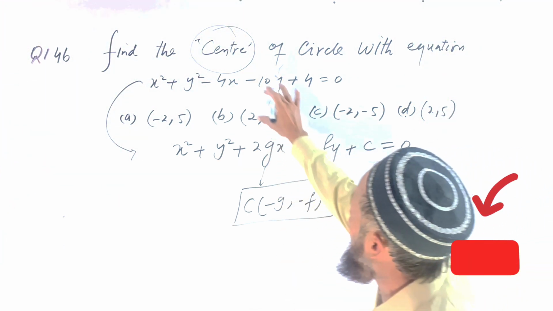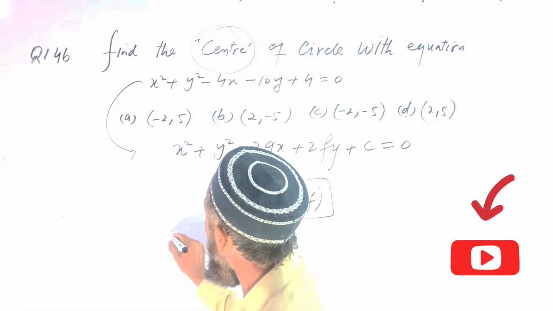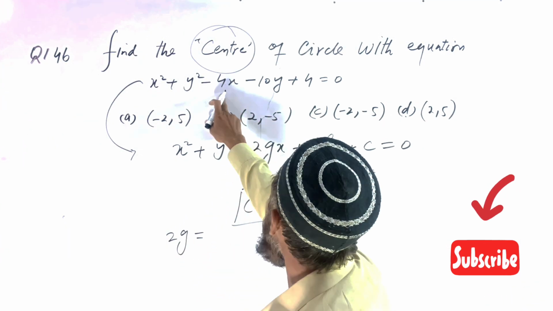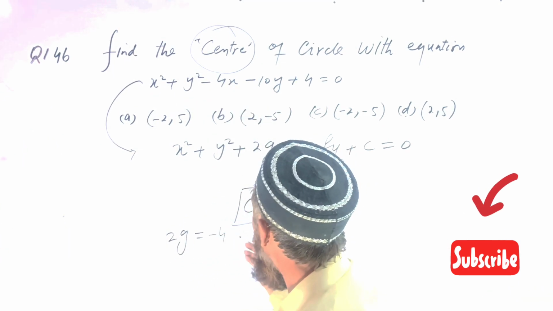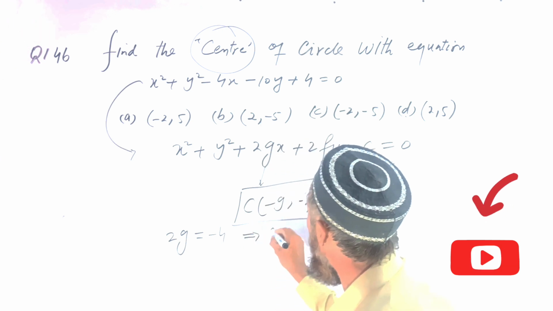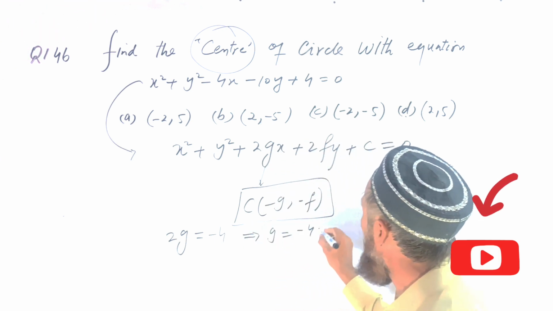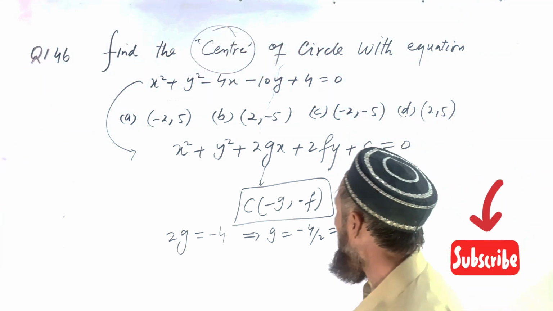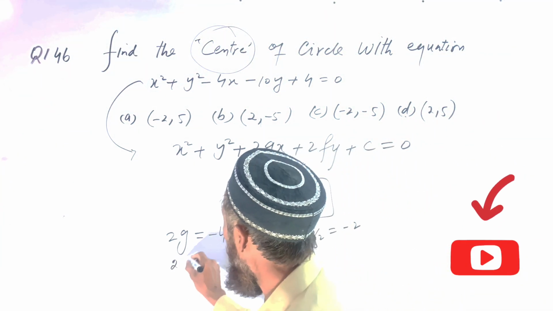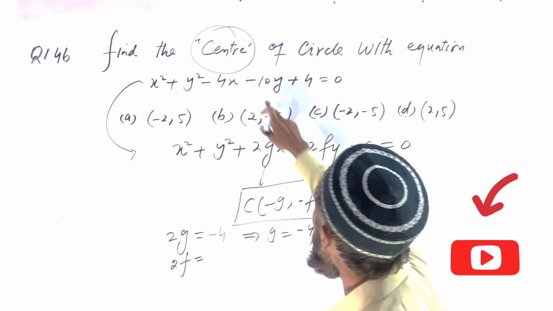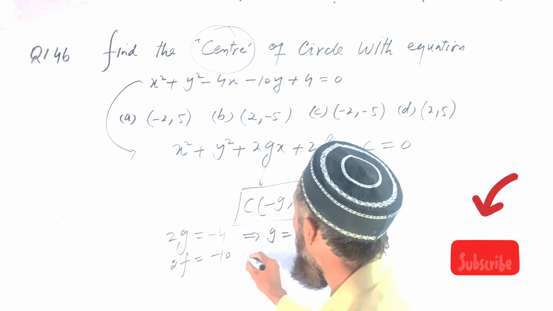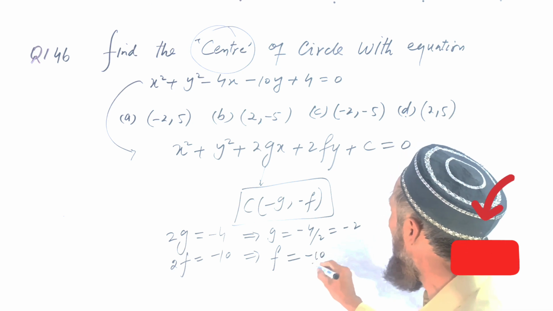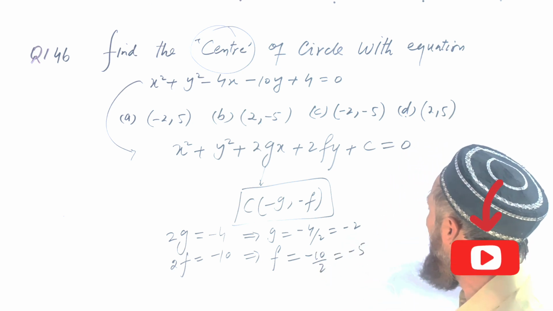So we compare the given equation. 2g is equal to minus 4, and we divide both sides by 2. So minus 4 divided by 2 is equal to minus 2. Similarly, 2f is equal to minus 10, and dividing both sides by 2, f is equal to minus 10 divided by 2, which is equal to minus 5.